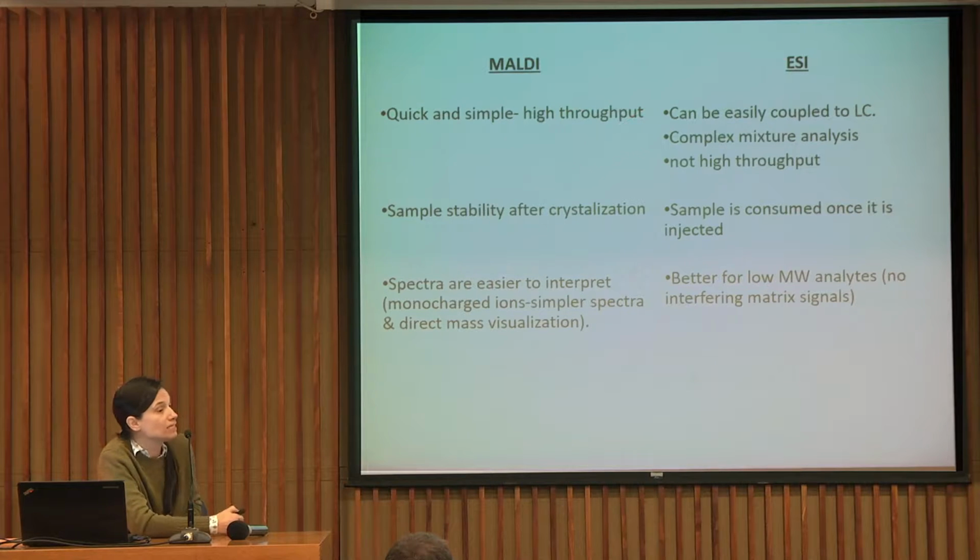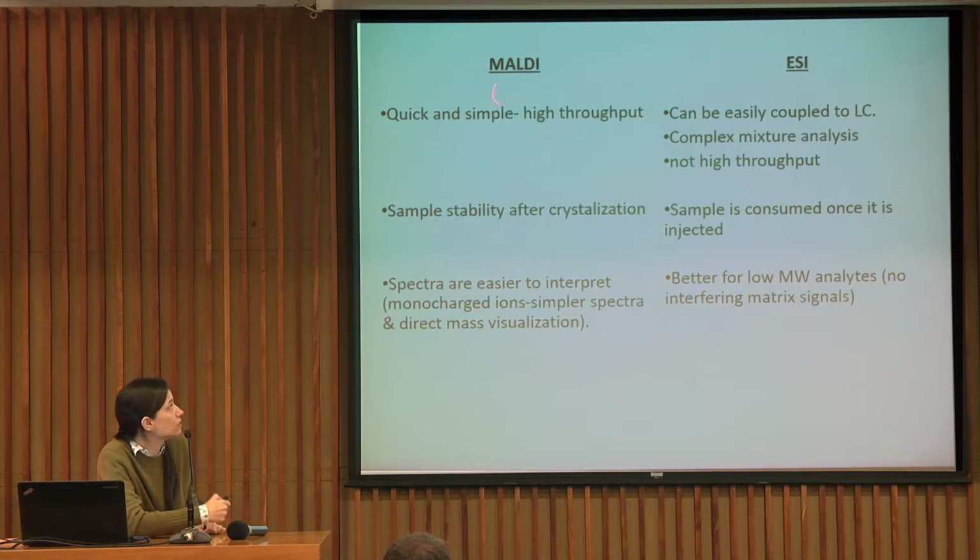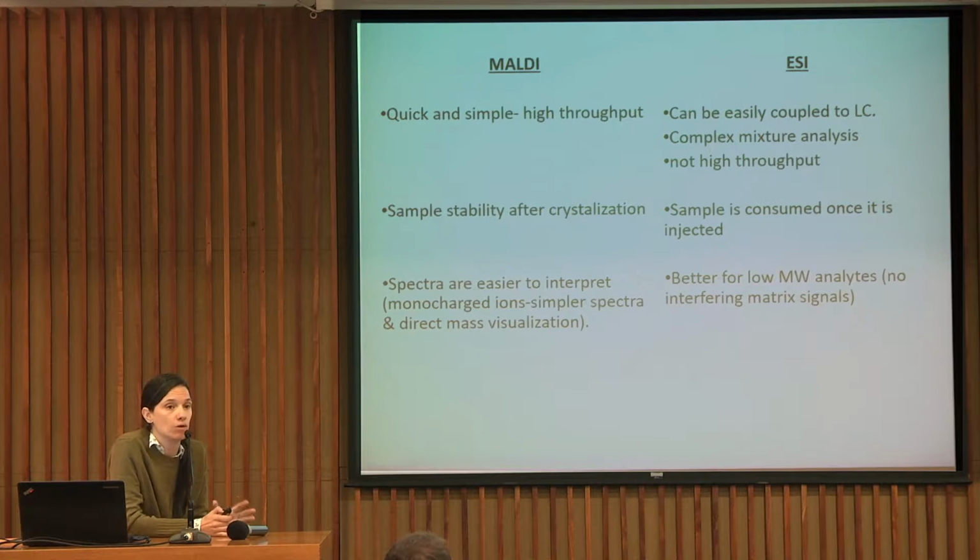If we compare MALDI and ESI and take a look at some advantages and disadvantages, we can say that MALDI is a method that is quick and simple. It's high throughput. When I say it's quick and simple, I'm talking about the spectrum generation, not the analysis. The analysis and interpretation of the data is long and complex for any kind of ionization method, but spectral generation is quick and simple.